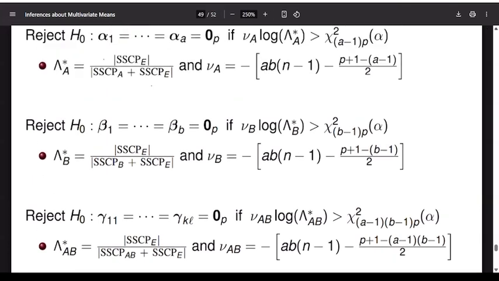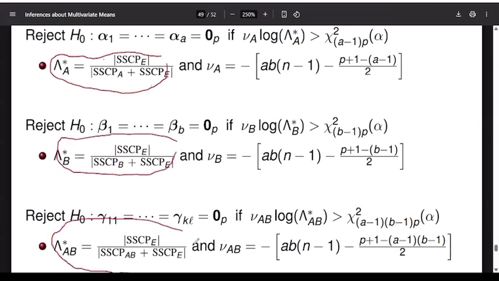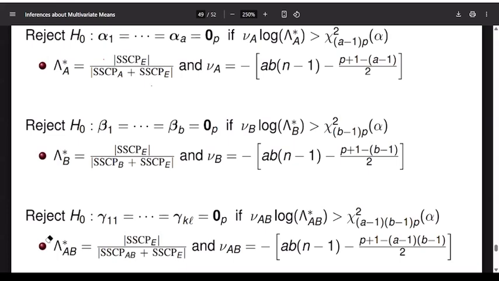Okay, now whether for A or for B or for the interaction, there is something that is common to all of them: the numerator. The numerator is the determinant of the sum of square product for error. But the denominator also is going to have the sum of square product for error plus the sum of square product of the factor you are testing for. Does that make sense? It's easy as that. Now, you see how you can take a decision about this.